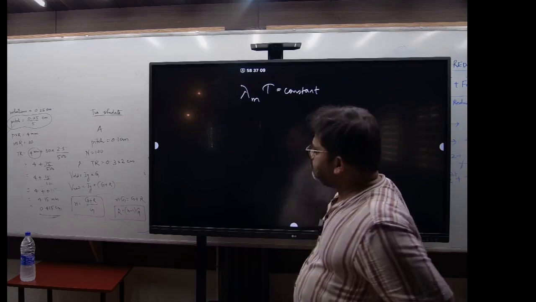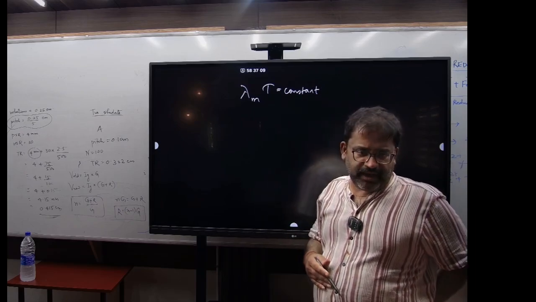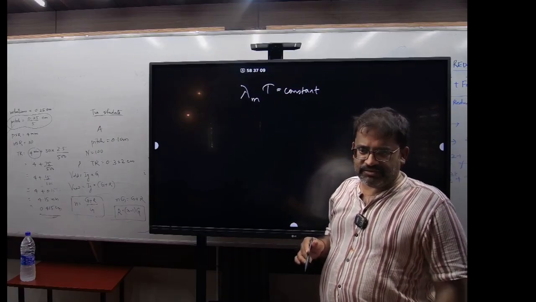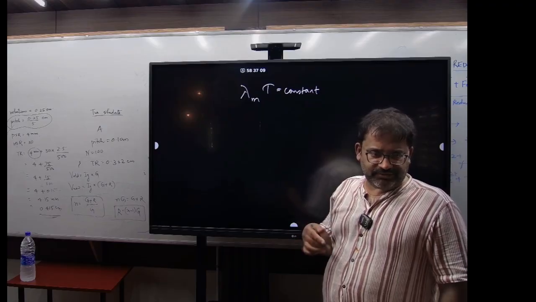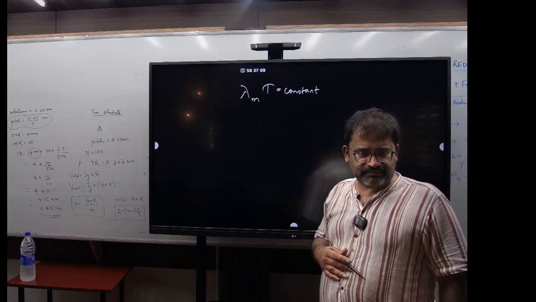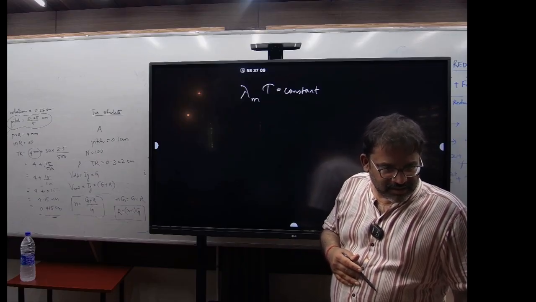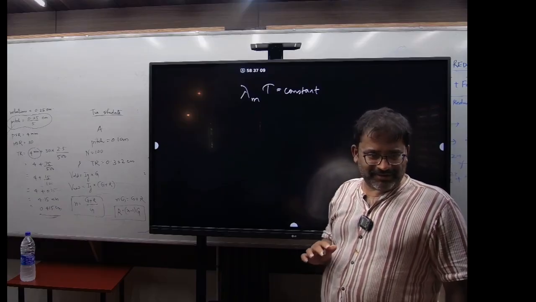According to this law, wavelength into temperature is equal to constant, which means the more the wavelength, the less the temperature, and the less the wavelength, the more the temperature.